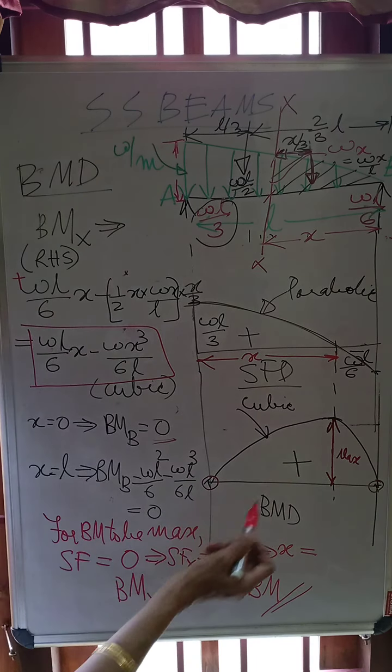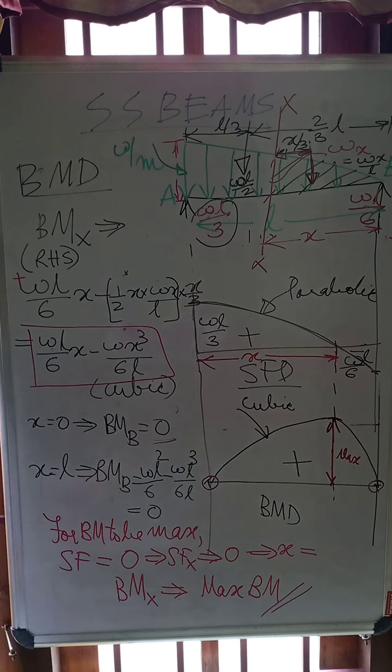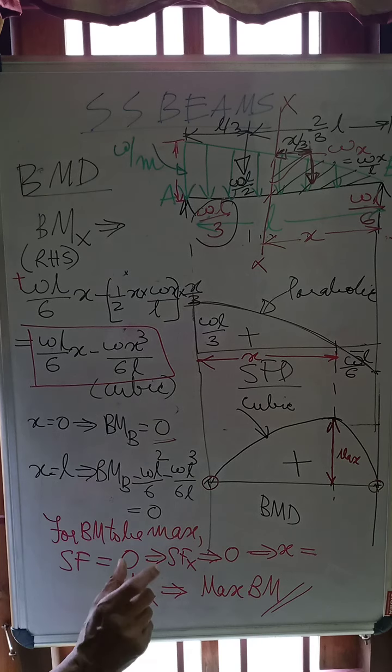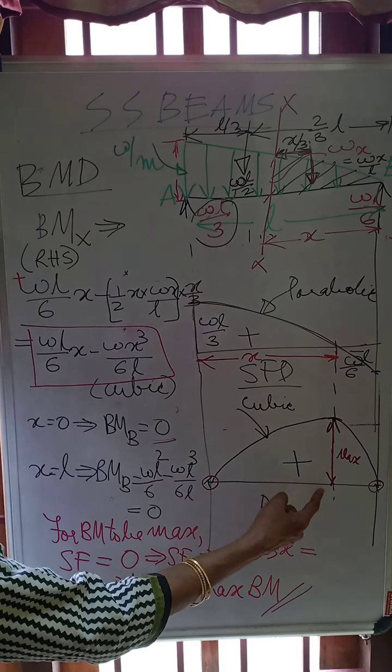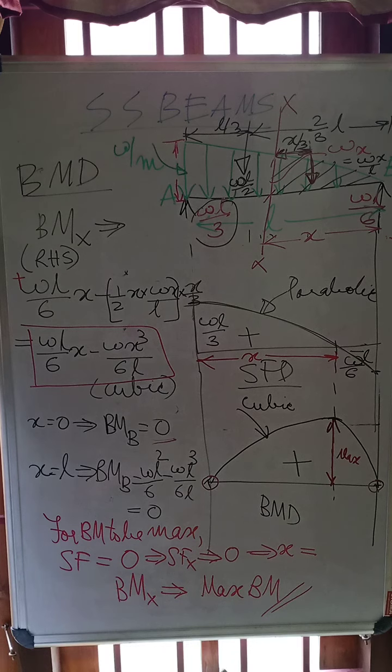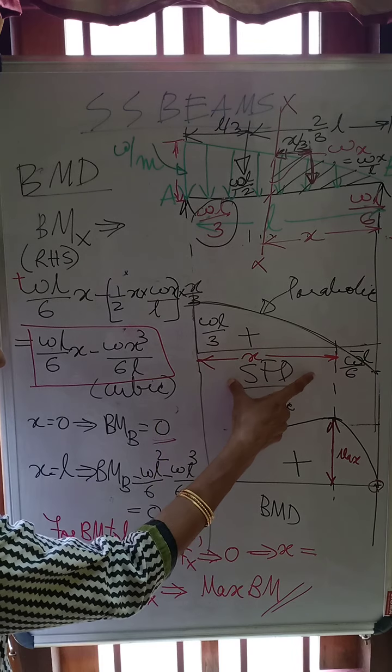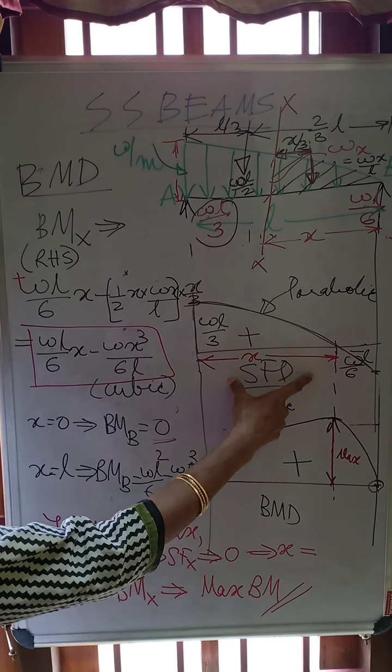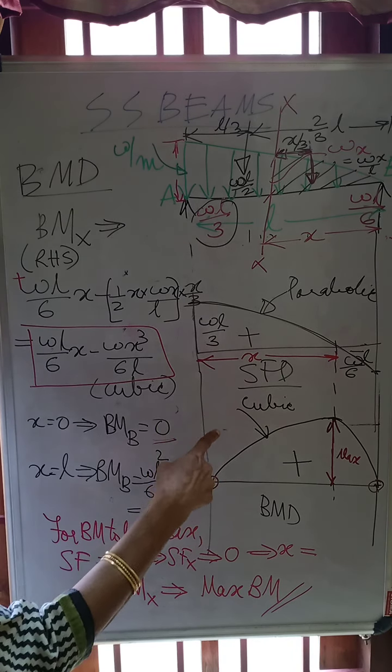So this particular condition we have got from, if you recall, your relationship between bending moment, shear force and rate of loading. We have said that rate of change of bending moment gives you the shear force, rate of change of shear force gives you the loading. So as per that particular condition, for bending moment to be maximum, dM by dx has to be equal to 0. dM by dx is nothing but shear force, right? So you have to locate where the shear force is going to be 0. So you have to go back to your shear force equation.